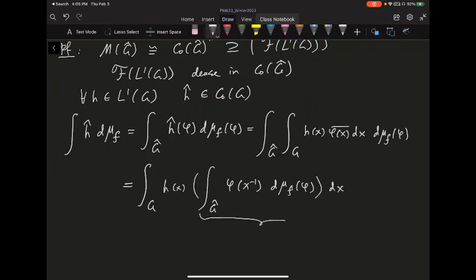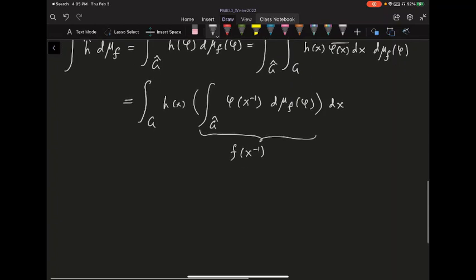And the middle part, by definition, is just equal to f of x inverse, okay? That's how we define μ_f, if you remember what we just defined. And so this is essentially going to equal the integral of h of x, f of x inverse, dx.